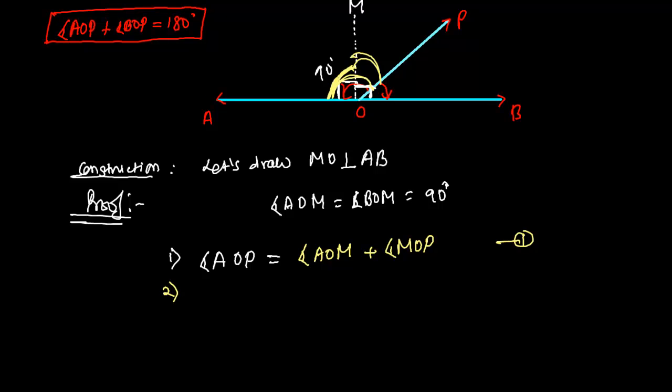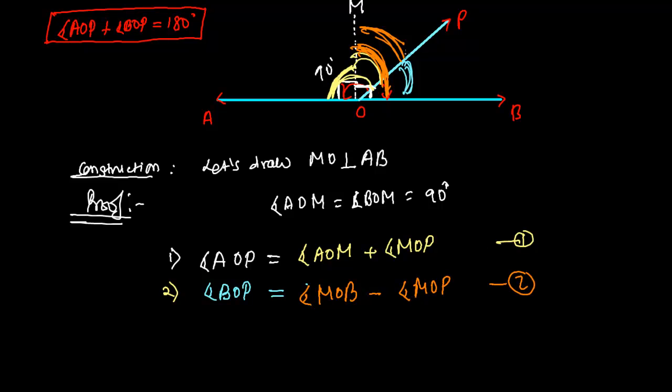In the second one, I want to write angle BOP, which is the complete angle minus this part: angle MOB minus angle MOP. I can say this easily because angle BOP is the complete angle minus this part.